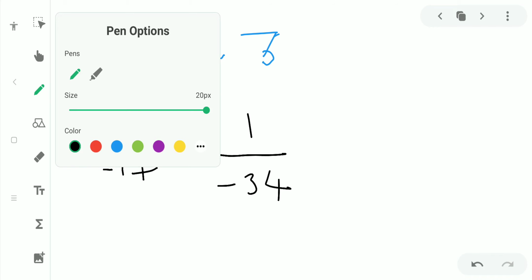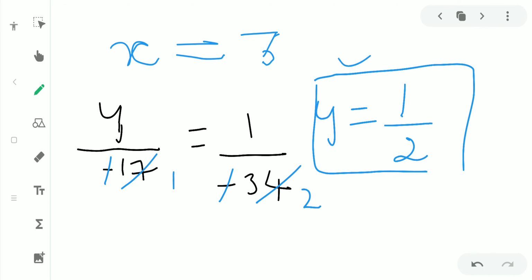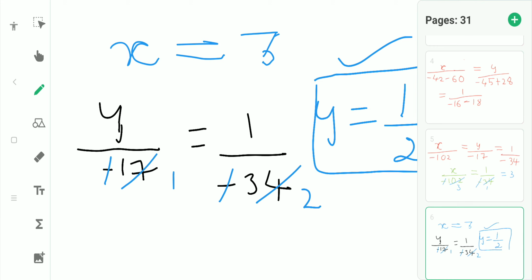So here minus minus gets cancelled, 17 ones are 17, twos are 34, so our y is equal to half, that is 1 by 2. So we got the values. So this is the way we find the simultaneous linear equations variables answer by using the method of cross multiplication. So let us get into another question.